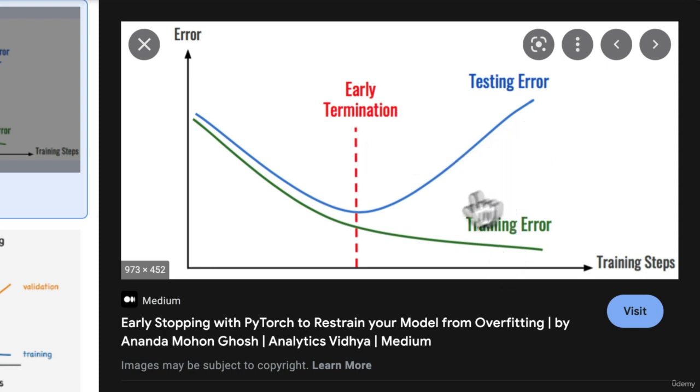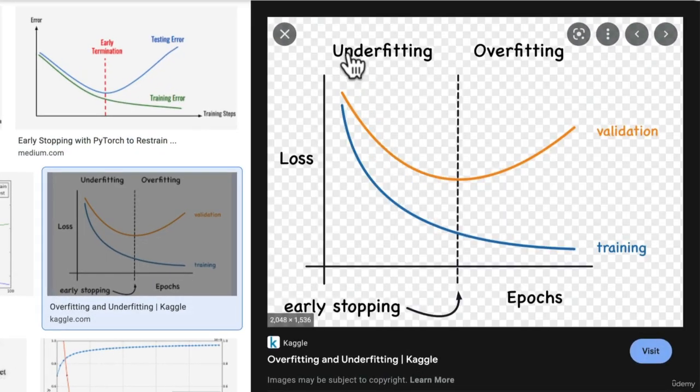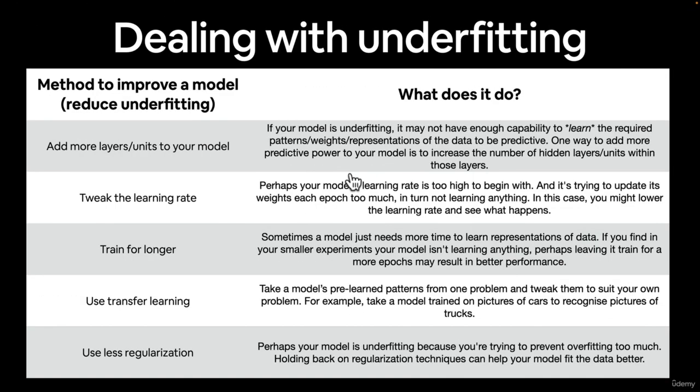You want your model to start fitting quite well, but then if you try to reduce underfitting too much, you might start to overfit, and then vice versa, right? If you try to reduce overfitting too much, your model might underfit. So this is one of the most fun dances in machine learning, the balance between overfitting and underfitting.